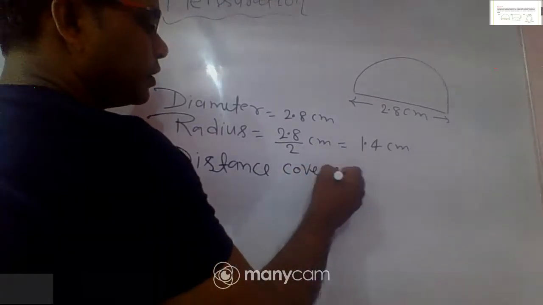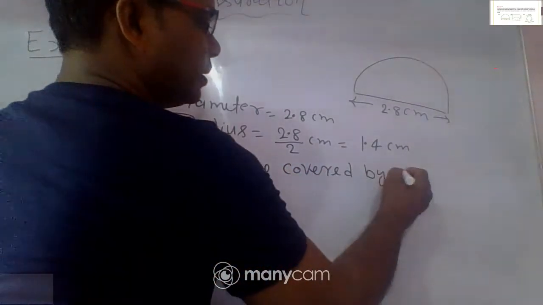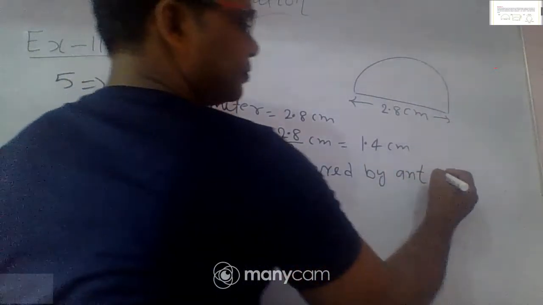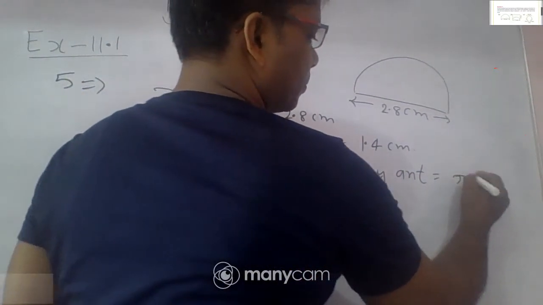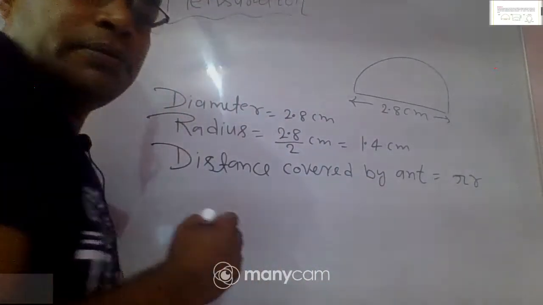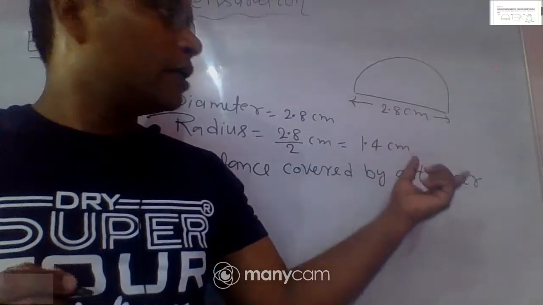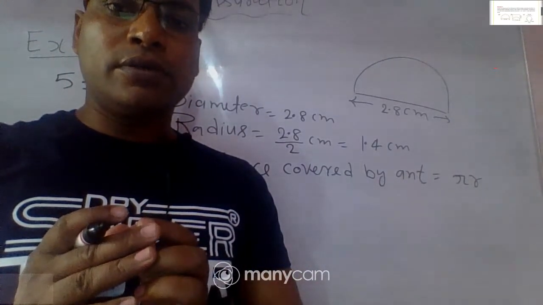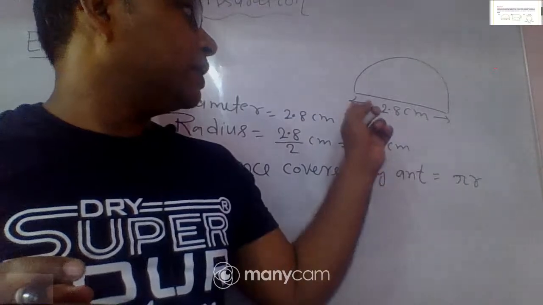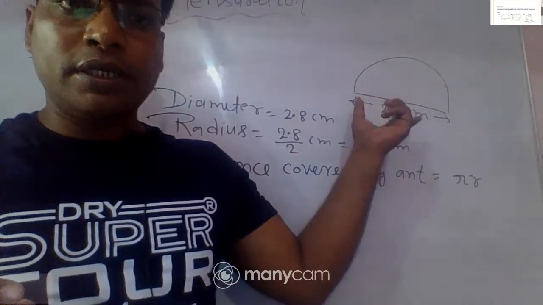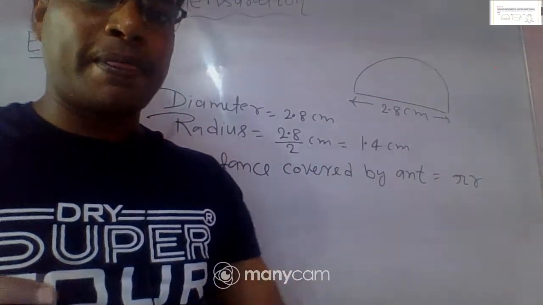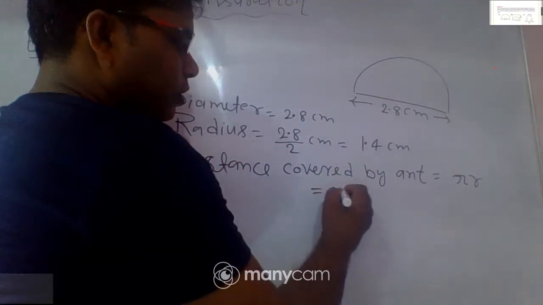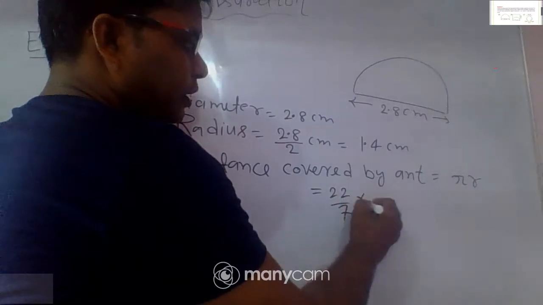So we write here: distance covered by ant is equal to pi r. This is the shape of a semicircle. The circumference of a circle is 2 pi r, but here it is a semicircle, so we write pi r.